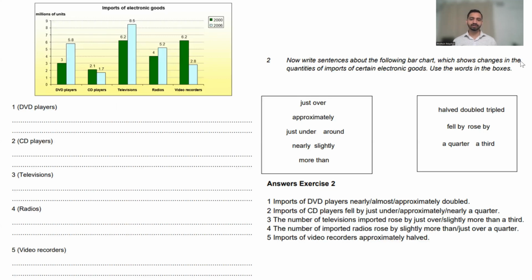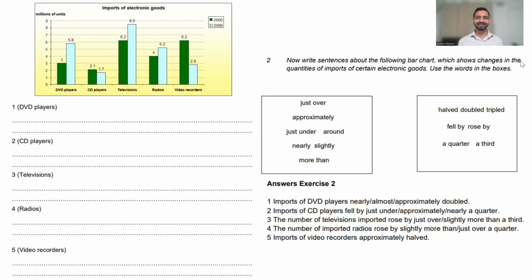Number 1, imports of DVD players nearly, almost, approximately doubled, right? From 3 to 5.8, that's what you can say about DVD players. Number 2, imports of CD players fell by just under, you could use approximately, nearly, a quarter. Number 3, the number of televisions imported rose by just over, slightly more than a third.